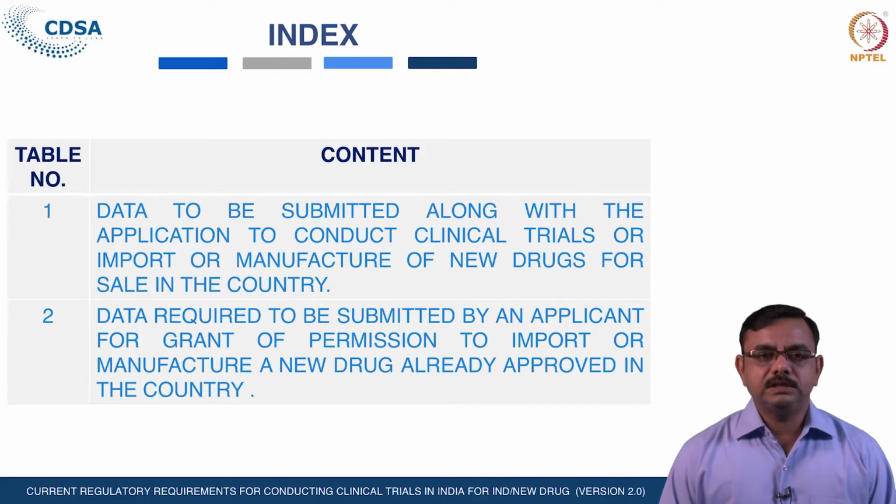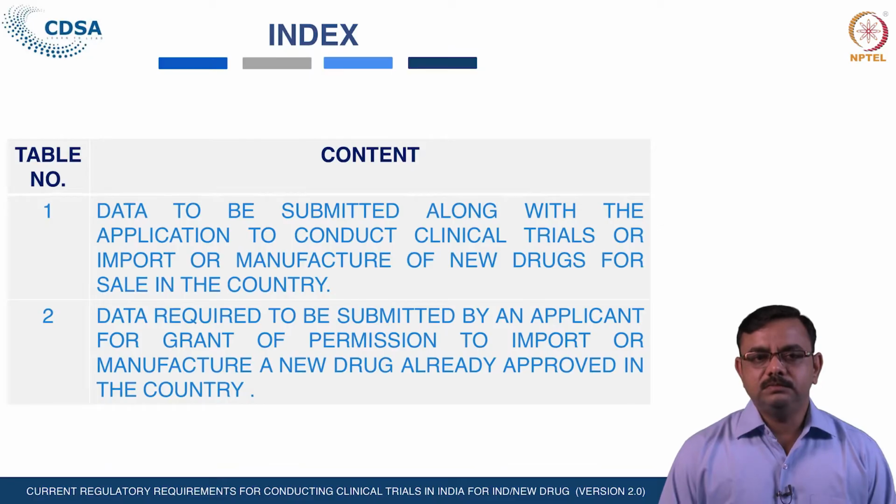The first table, as I mentioned, is the data to be submitted by the applicant for conduct of a clinical trial or for import or manufacture. We have a separate lecture on this, so I am not going to read all of it. If you wish, you can see it: the introduction, chemical and pharmaceutical information related to the drug, information related to its testing, then information related to specification and validation, then data related to the formulation.